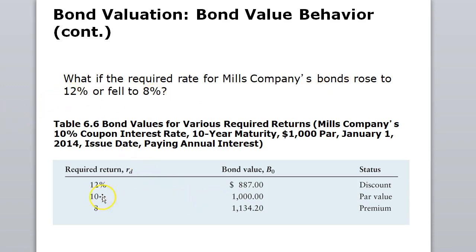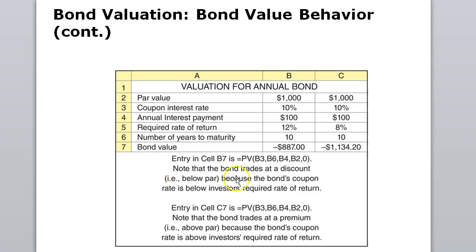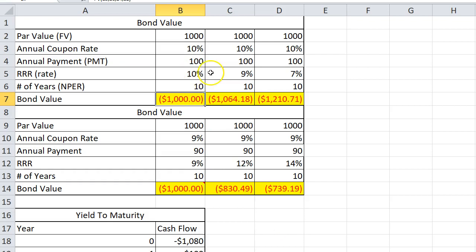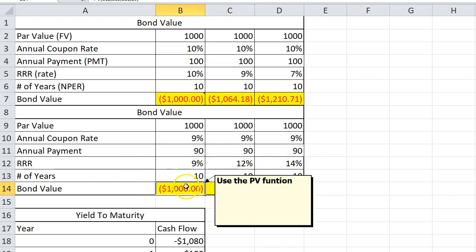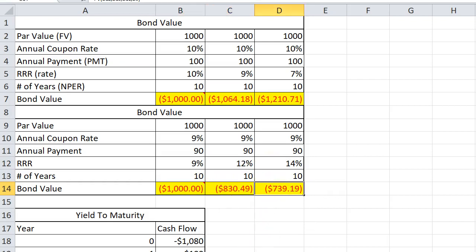If the bond's required rate of return goes up, the bond value goes down, selling at a discount to make up for the fact it's only paying 10% and the required rate of return is 12%. If the bond's paying 10% and the required rate of return is 8%, the bond is more valuable and it'll sell at a premium. These are what we expressed in the spreadsheet before: if interest rates go down, bonds will sell at a premium. And if interest rates go up, and the required rate of return goes up because of interest rates or the riskiness of the company, the bond will devalue.